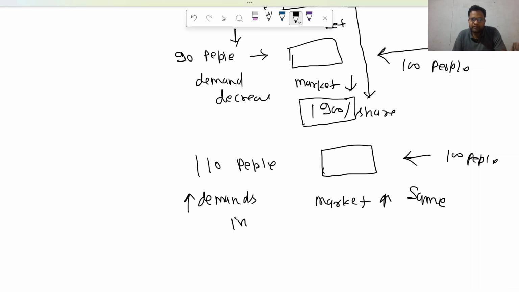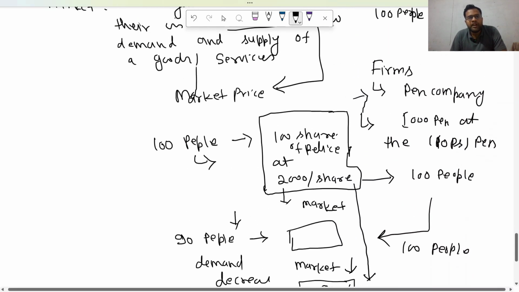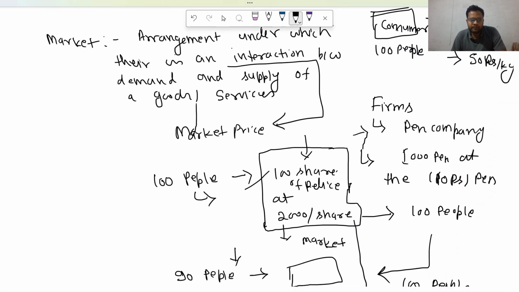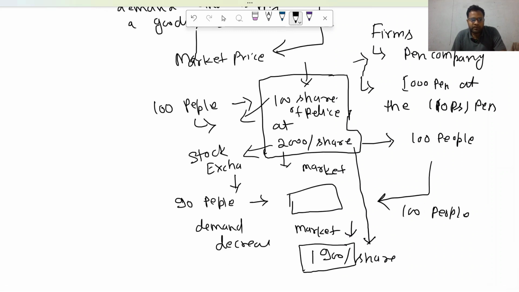So the Reliance share would increase from 2000 and become 2100 rupees per share. I hope you are getting how these interactions decide the market price for a particular good and service. We saw it from the example of Reliance here, and these interactions come into the market. So here the market would be the stock exchange. You can think of any other examples here.